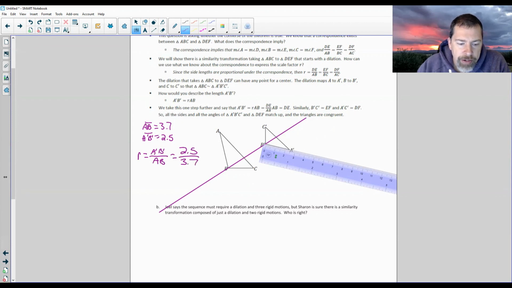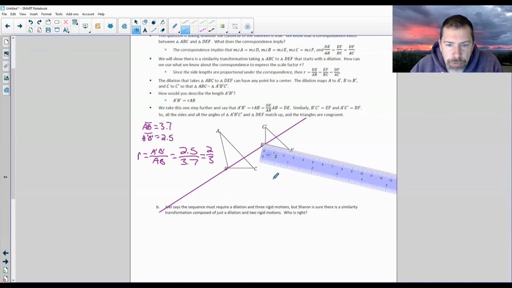So if I go into my calculator, those aren't very good numbers. Clear, 2.5 divided by 3.7. It's about 2/3. So let's just say it is 2/3. So let's say R equals 2/3.